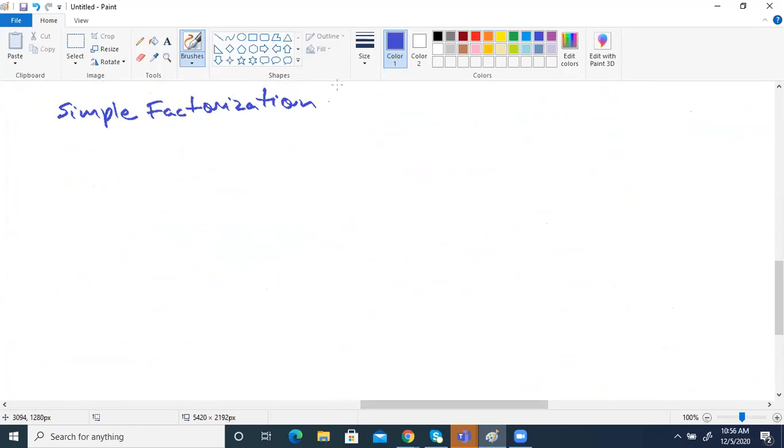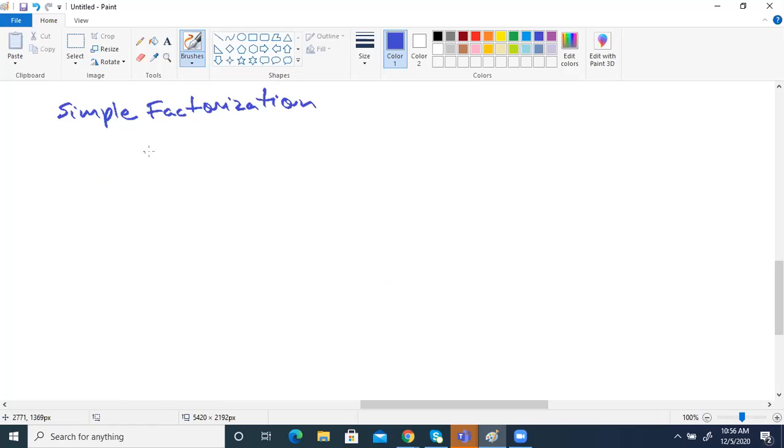I call it simple in comparison to quadratic factorization. We're not going to factorize quadratic expressions in this class, maybe the next class. We're just looking at some simple stuff.